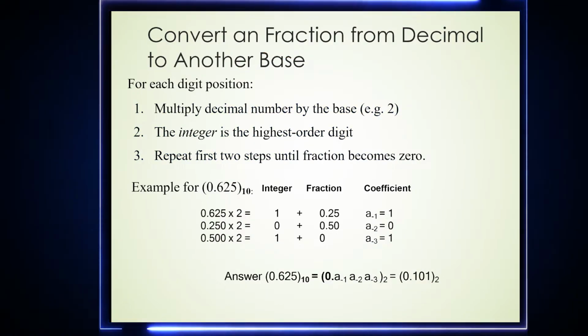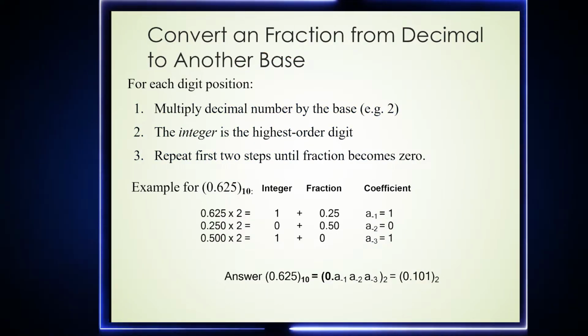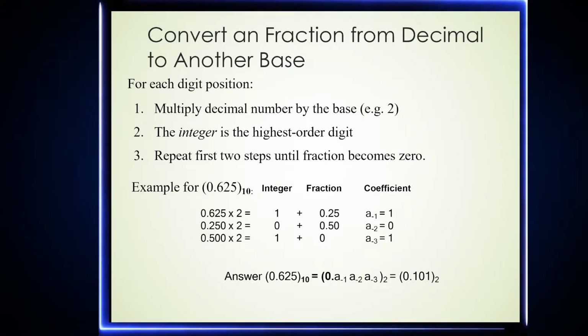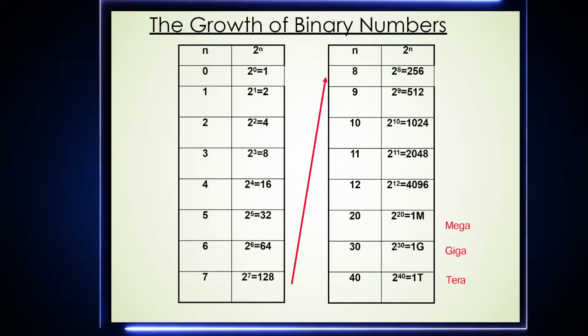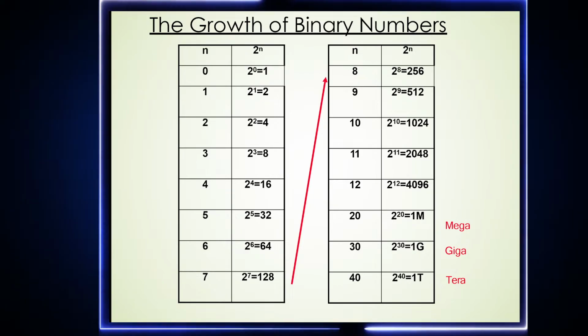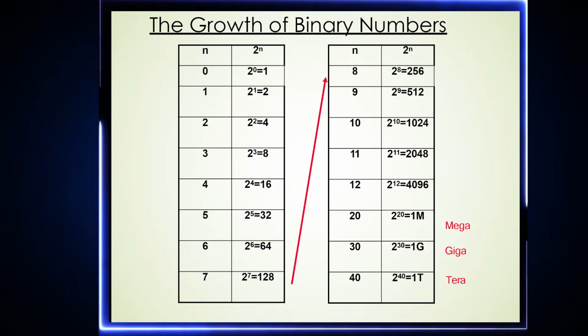Now this is nothing but conversion of a decimal point, right? In case of decimal point, what we do is, one second, I will show you a table first which would help you. Yeah, you can see this, right? So basically how does it go? This table shows you the growth of binary numbers, right?